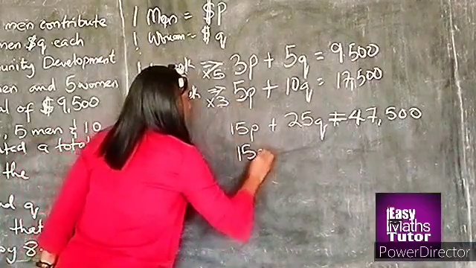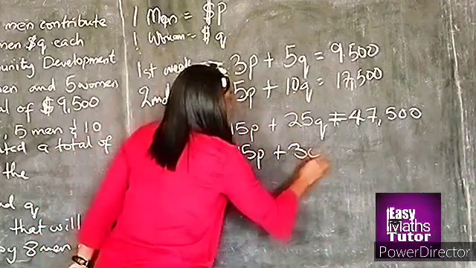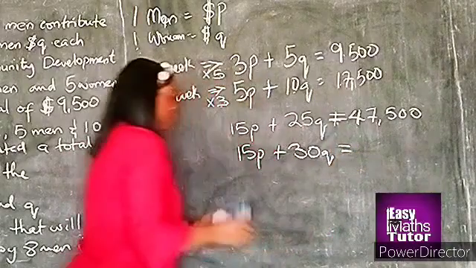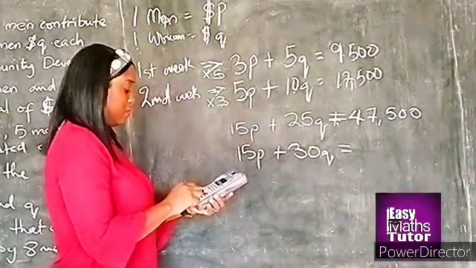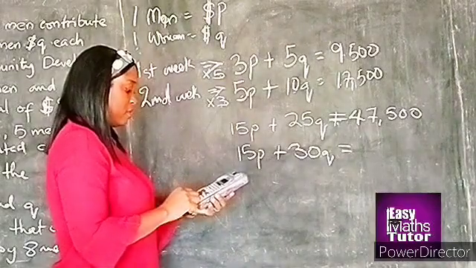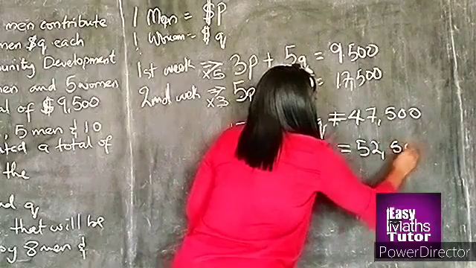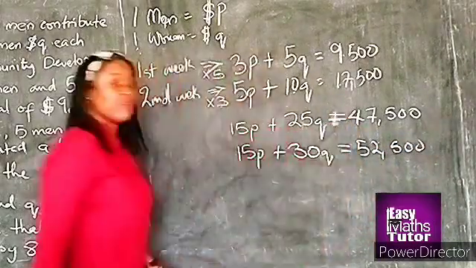Now multiply the second equation by 3. That's 15P, 3 times 10 is 30Q, and 3 times 17,500 is 52,500.